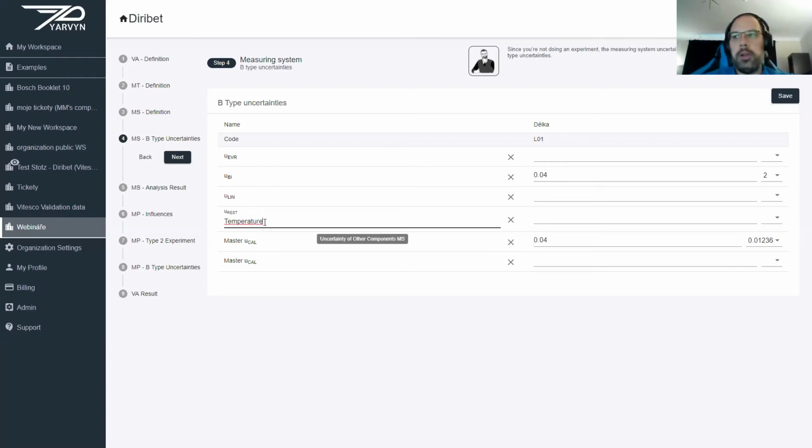For example, temperature. So this is the second way. You have no MPE, but you can make an assumption about B-type uncertainties.